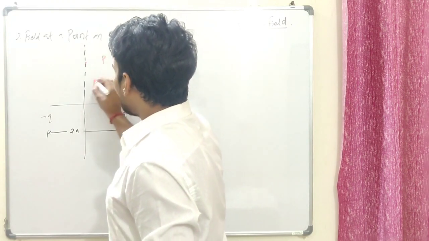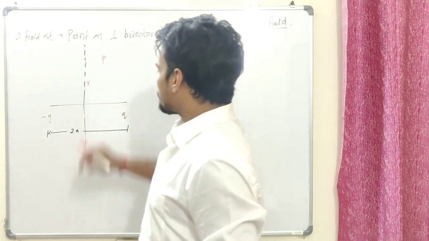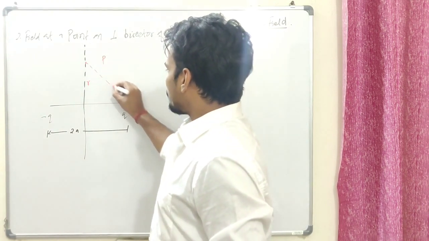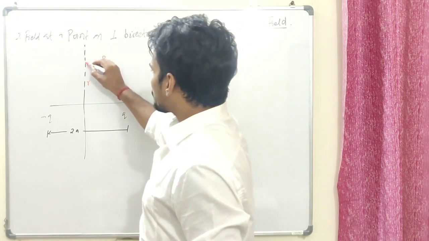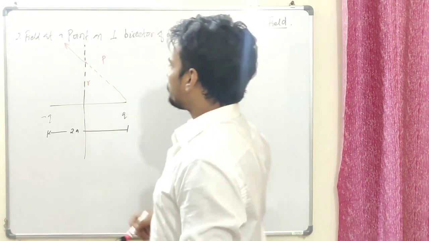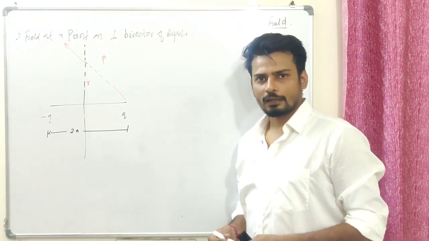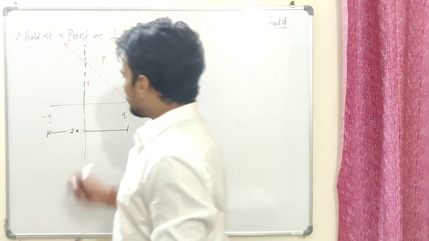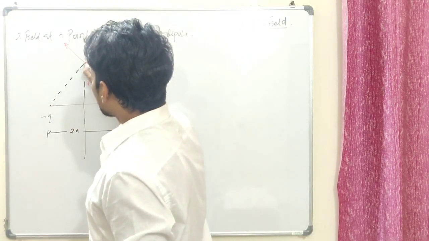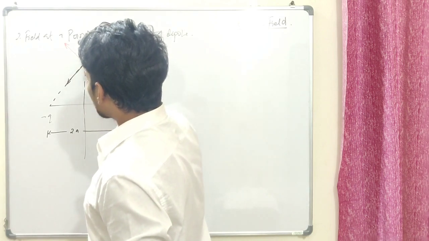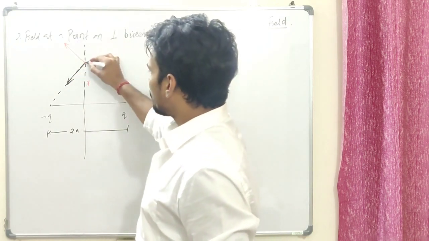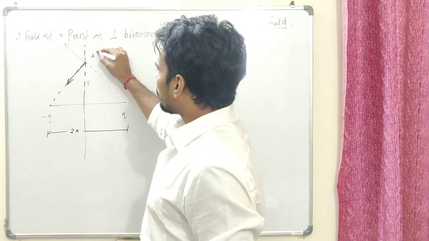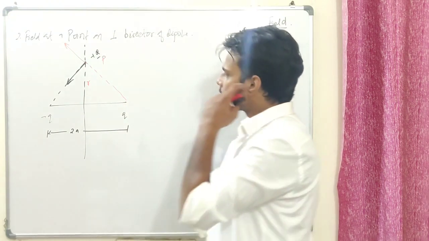This is the point P at a distance of R from this bisector. Okay guys, the field because of this charge should be along this direction. Fair enough? And the field because of this charge should be along this direction. It's a positive test charge being kept here, that's out of the concern.